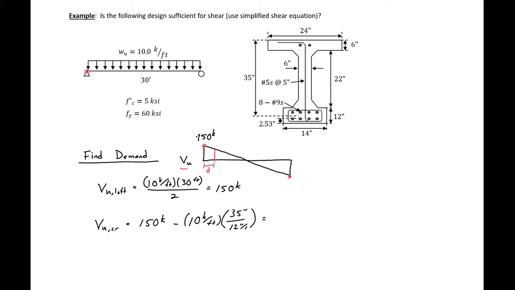And we'll find our VU at our critical section to be 120.8 kips. So that's our value right there, 120.8.